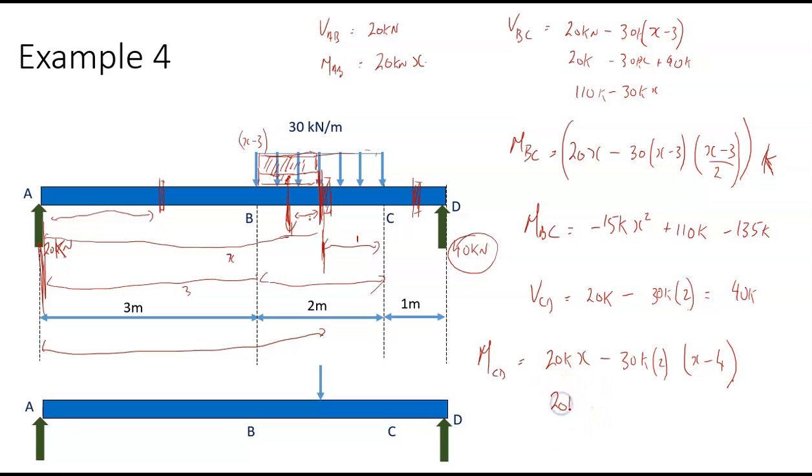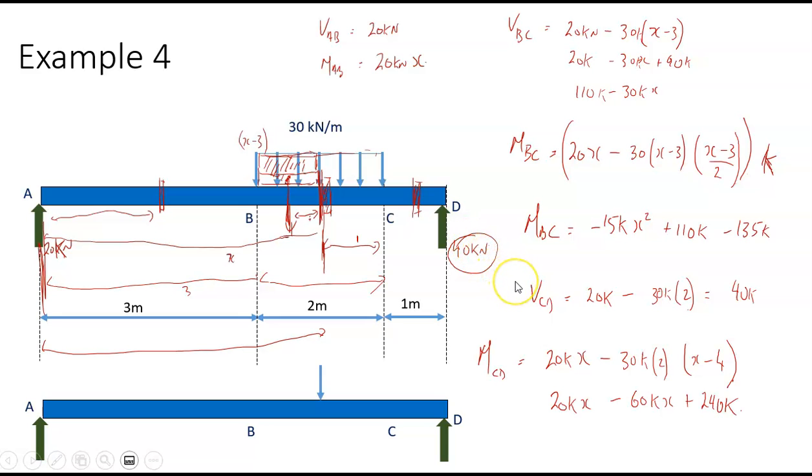That's 20kx minus 60kx plus 6 by 4, 6 by 20... 240. Okay, so that's our bending moment.